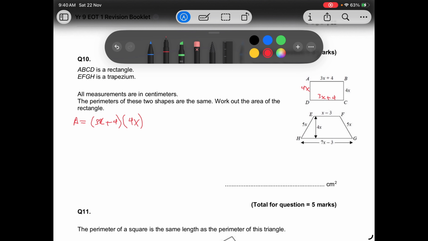So if you add all of them together, 3x and 3x, 6x, and 4 and 4 is 8.